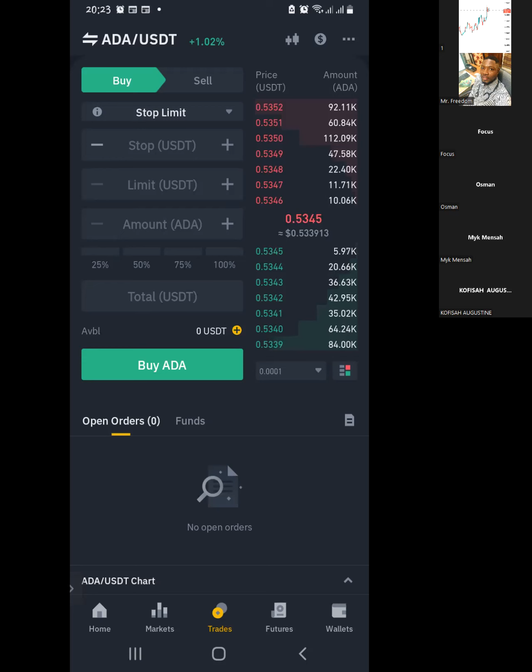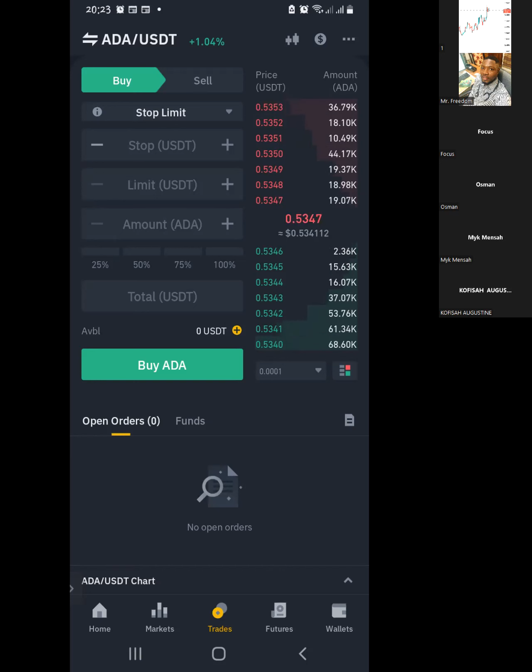So assuming the price has dropped so much and you only want the trade to execute when the price rises to a certain limit, when you are sure the market is taking a high trend again, I want to explain this very clearly for you to get it.